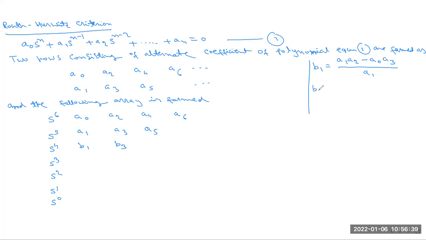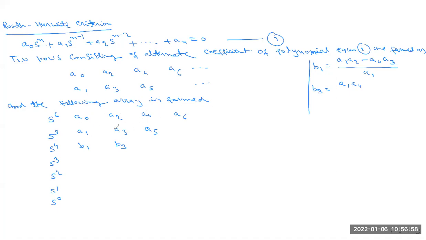This is B3. What is the process of B3 calculation? B3 equals A1, A4. When we calculate B3, this column is not considered here, only this one and this one.